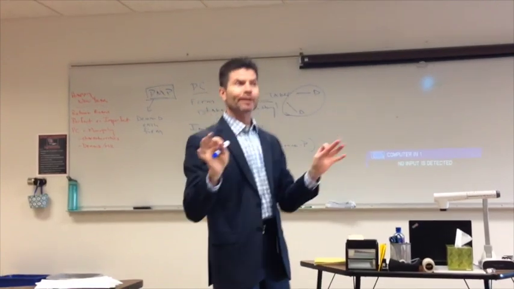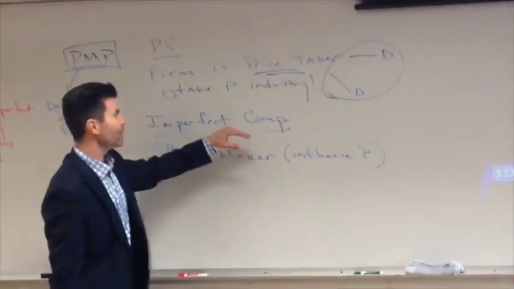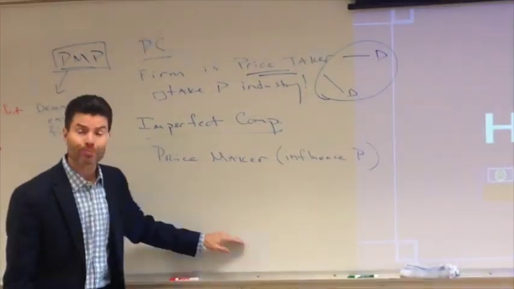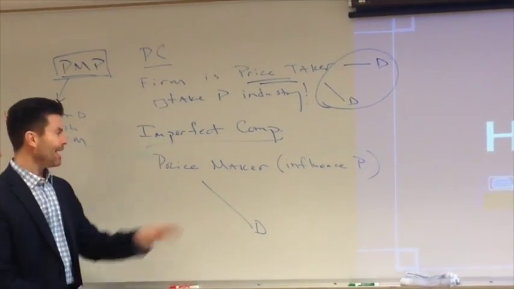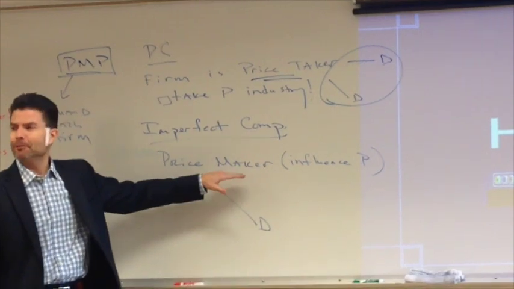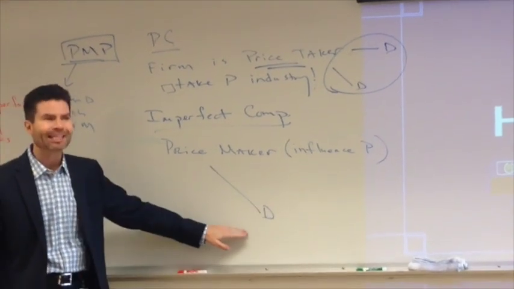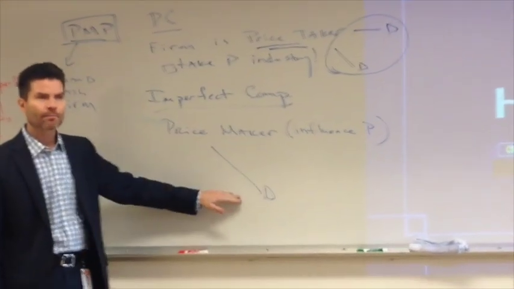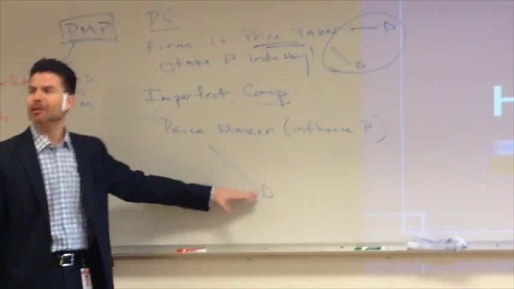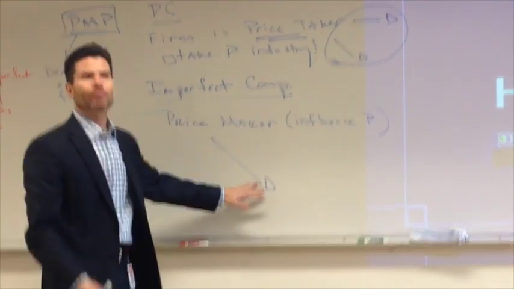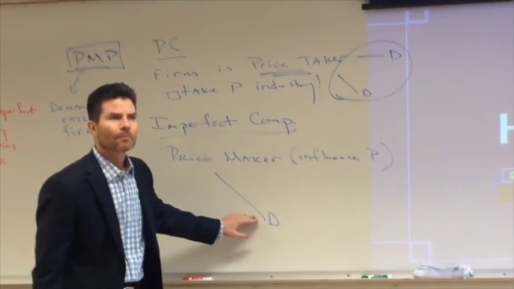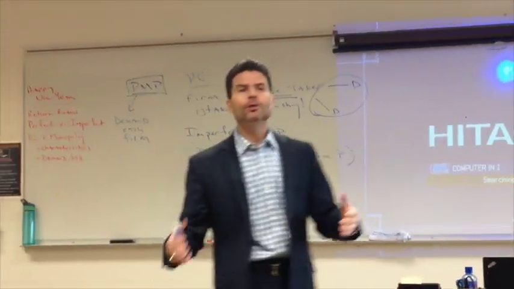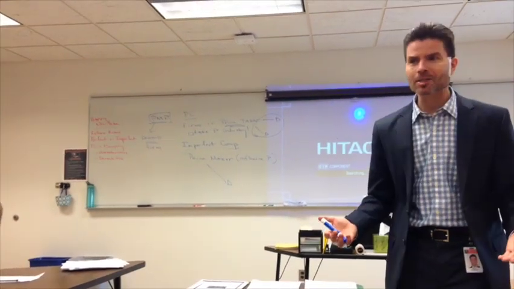So in imperfect competition, whatever your demand curve is, that is what the price is. So if I ask you how a firm influences the pricing that they charge, and their price is their demand, your answer needs to be that they have to be able to alter their demand. How do you do that? Well, you have better quality products.